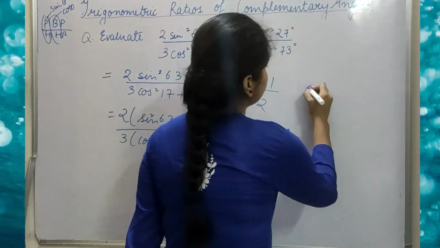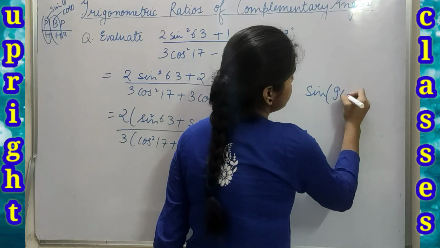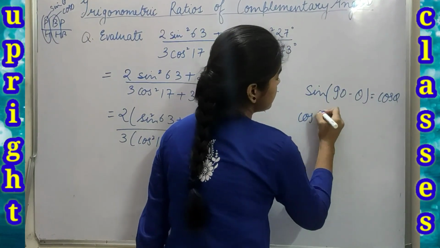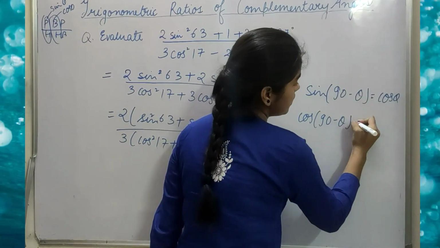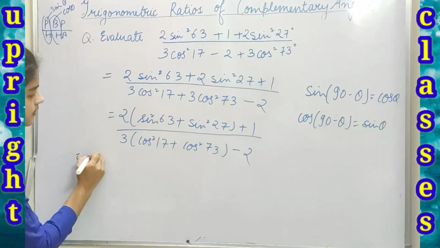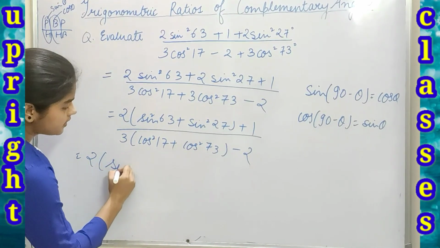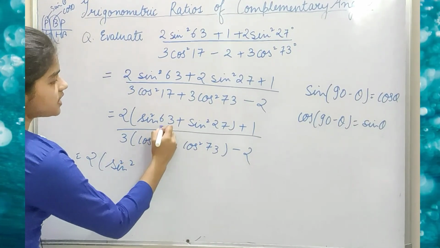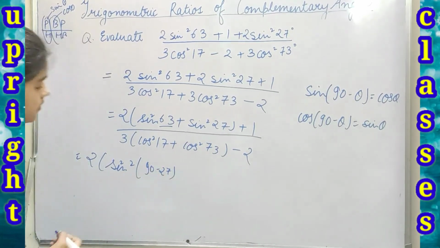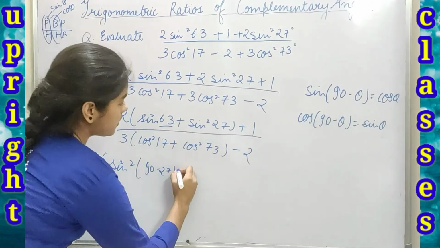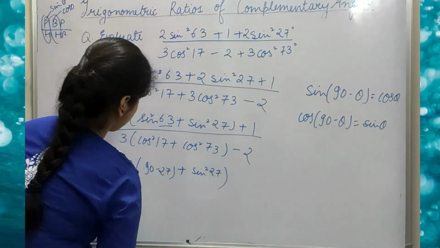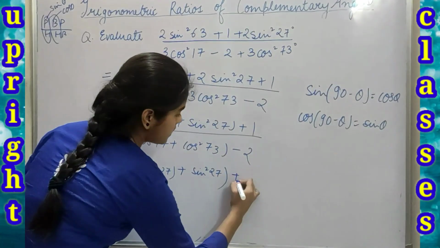As you already know that sin 90 minus theta is equal to cos theta, and cos 90 minus theta is equal to sin theta. So here you can write sin square 63 as sin square 90 minus 27, plus sin square 27, plus 1.